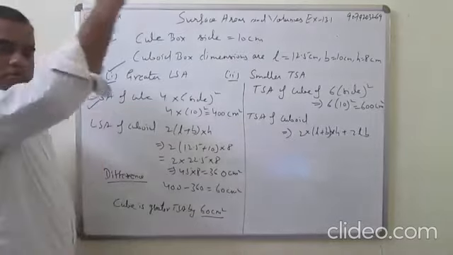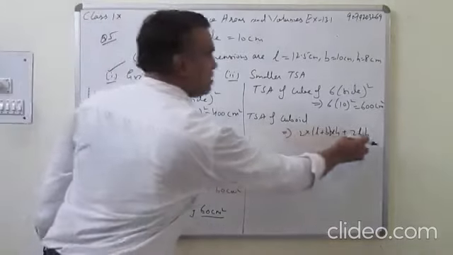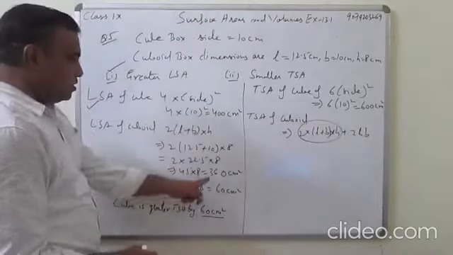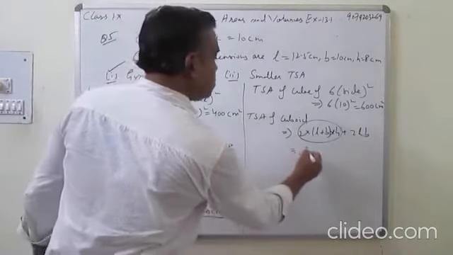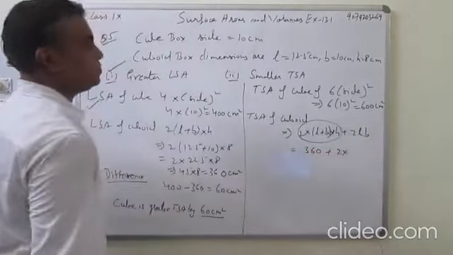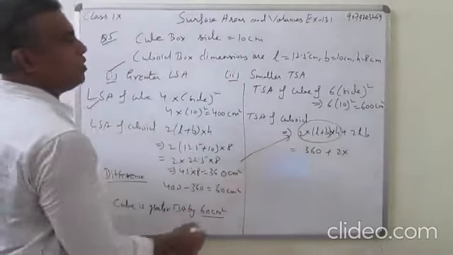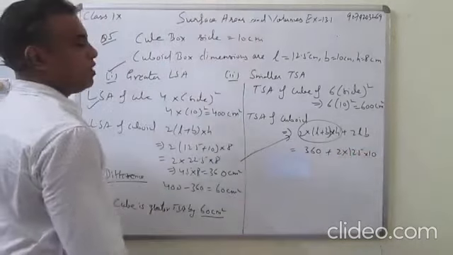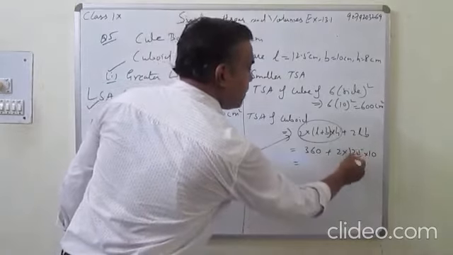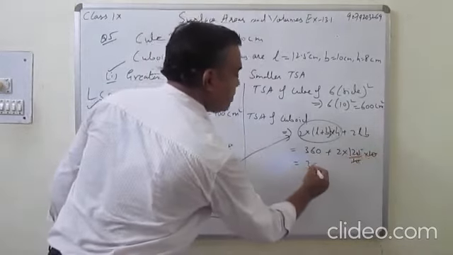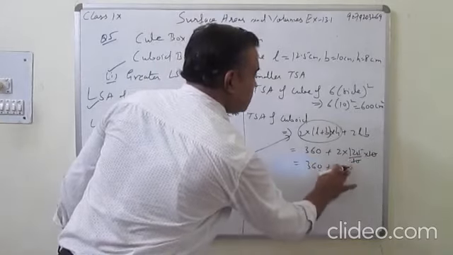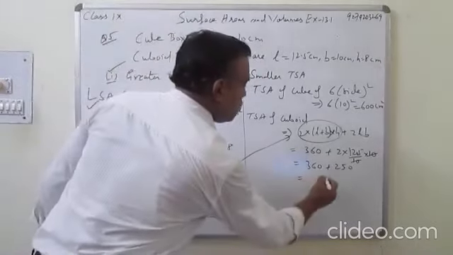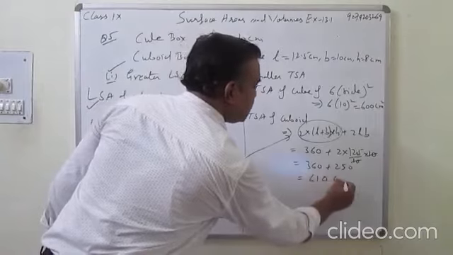Add ceiling and floor to the area of four walls, then it is TSA. You have already calculated this, it is 360. So 360 plus 2 into 12.5 into 10. The point will go away, 10 and 10 will cancel, it becomes 250. 360 plus 250, you will get 610 centimeter square.